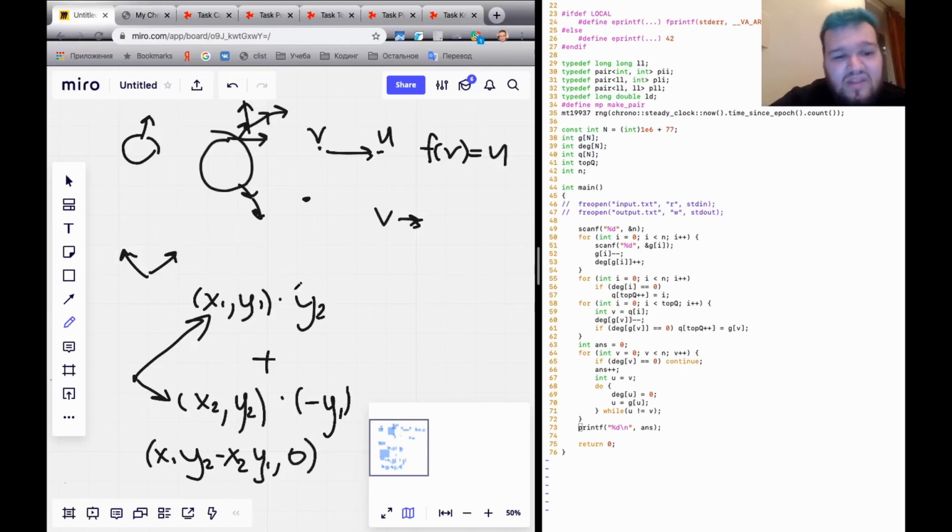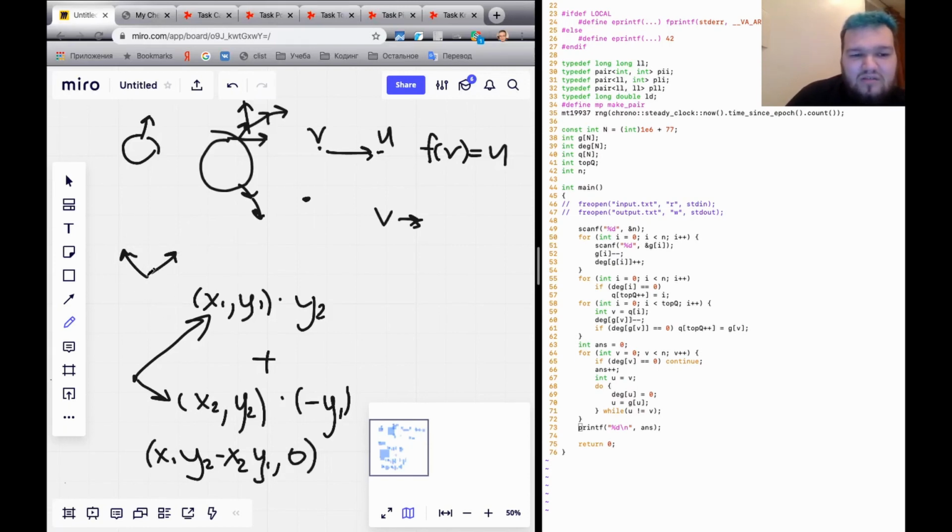But what we can do is find the smallest positive y coordinate that we can go to.